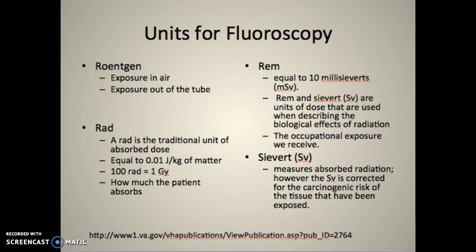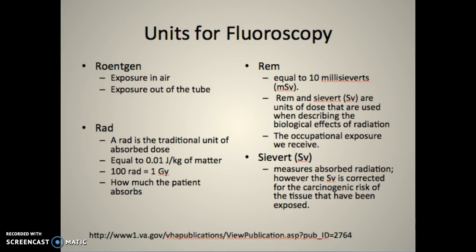Whereas the REM, 1 REM is equal to 10 millisieverts. So the REM and the sievert are units of dose that are used when describing biological effects of radiation, which we've talked about. But this is where the REM is for occupational exposure dose. So our badges, the little jump drives that you guys have now that used to be Landauer, that is measured in REM. So that is occupational dose.